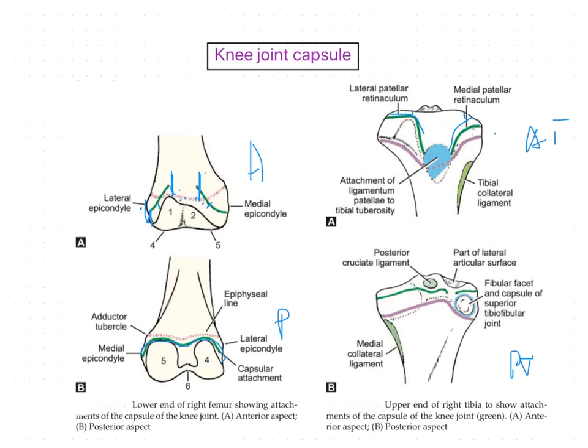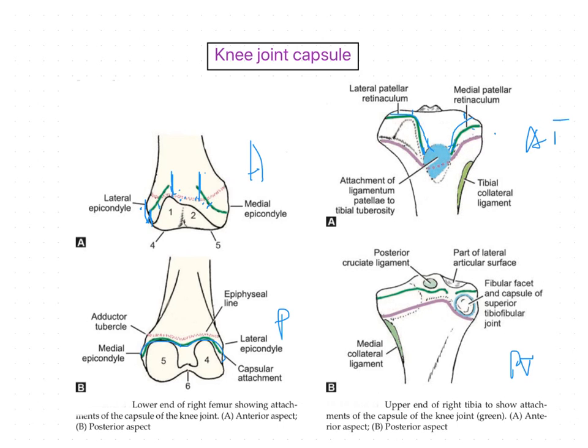And over the tibial tuberosity it is deficient, and we can't find the capsular attachment, because here we can see the attachment of the ligamentum patellae.